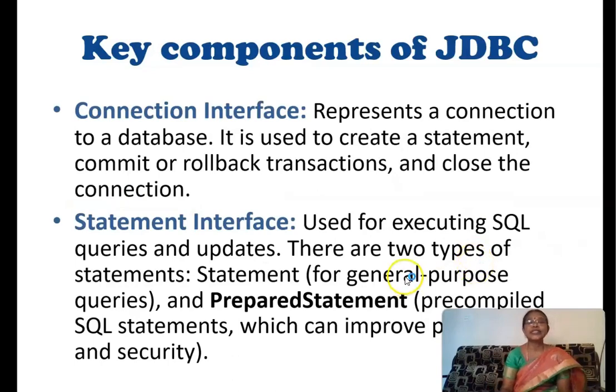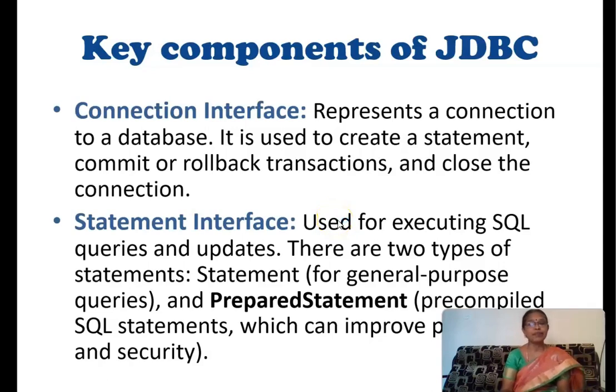So the next one is the connection interface. To work with JDBC, we have to import the java.sql package. The java.sql package has many classes and interfaces. One of the important interfaces is the connection interface, which represents a connection to a database.